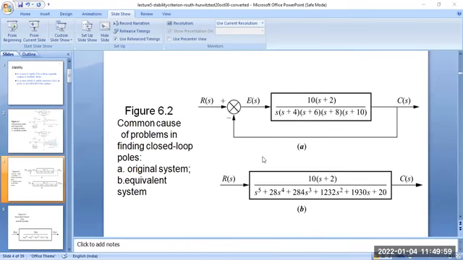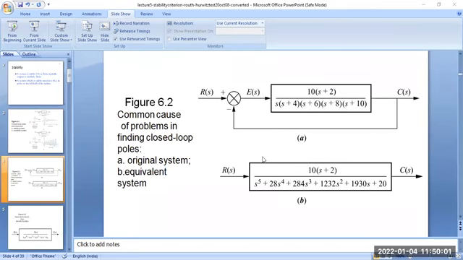Okay, next, here you can see this is basically another one. This is a common cause of problems in finding the closed loop poles. This is the original system, and another one is the equivalent system of the given characteristic equation.